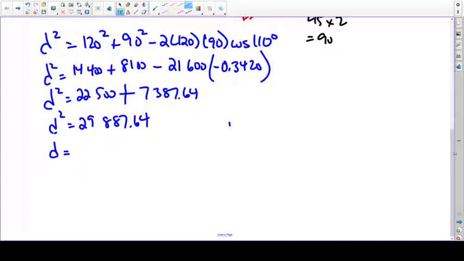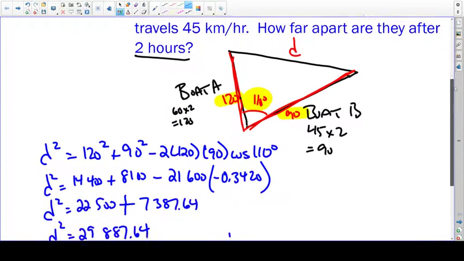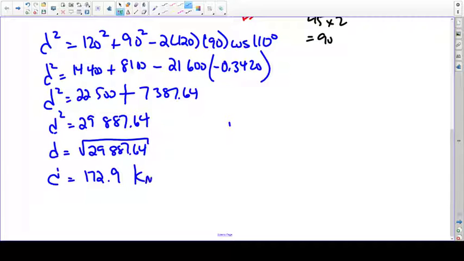Now, to figure out what that distance is, we need to take the square root of that fine number, and when we take the square root of it, we are going to get 172.9 kilometers. That's rounded to 1 decimal place, and that is going to be our answer.